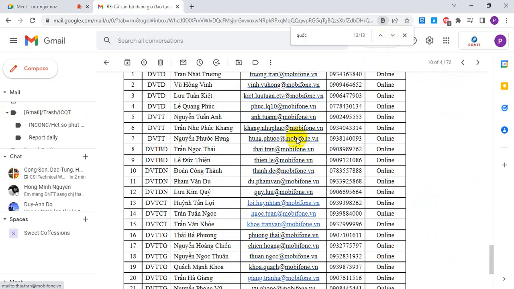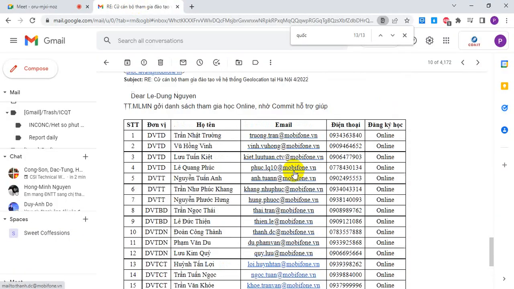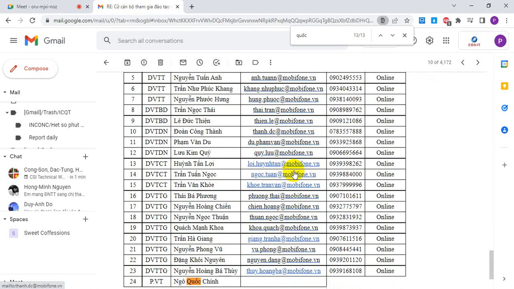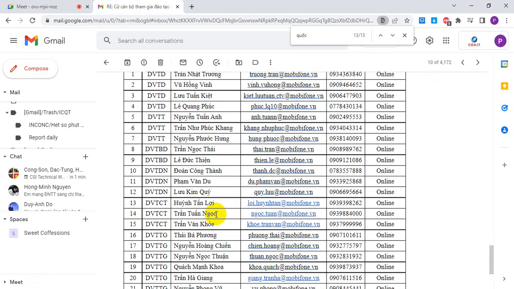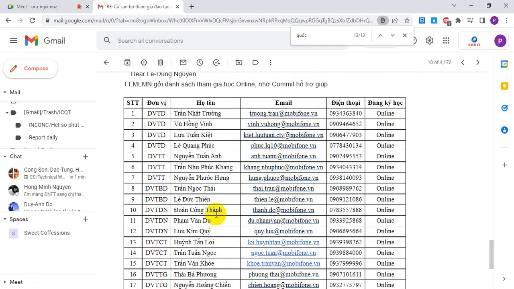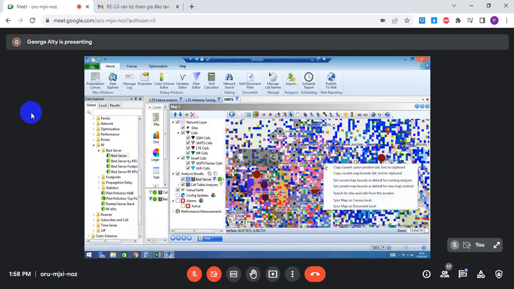Okay. I'll just close that. And then if I right click the map, I select point again, right click the map. Excuse me, the lag in my system is affecting me a little bit. So if I right click the map here, I can search for sites and cells from this location.